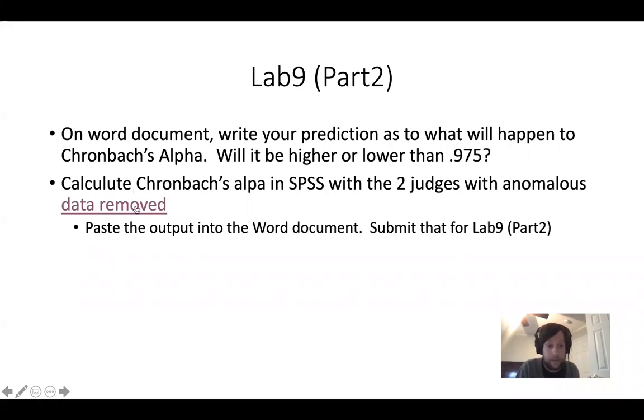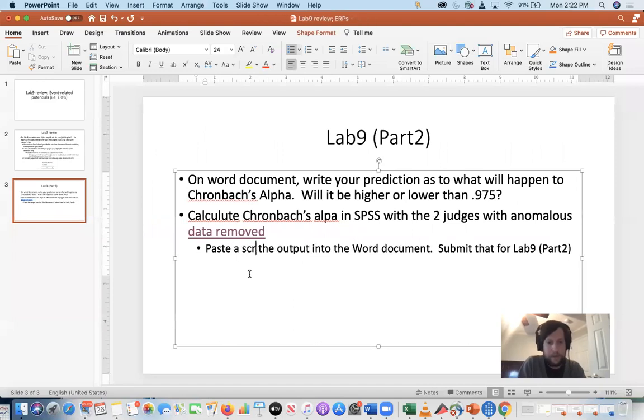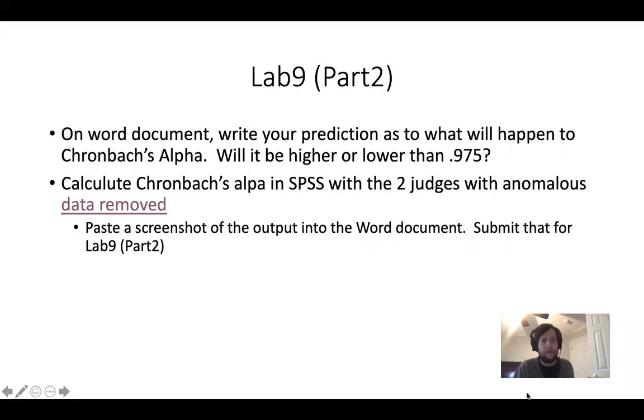And this is the Google Sheet that I was just at. And then you will paste. I should clarify, I do want you to take a screenshot of the output into the Word document.